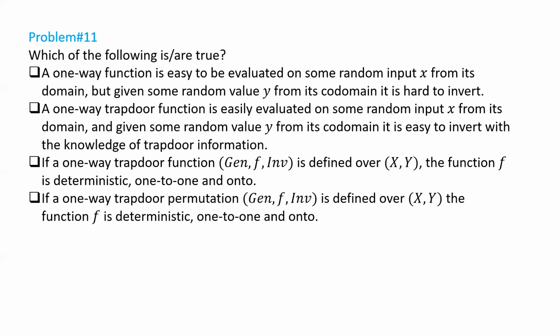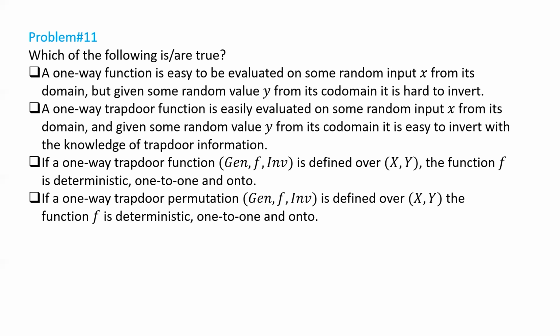So given some y in the codomain, it is hard to invert it to the corresponding x such that f of x equals y if you don't have the trapdoor information. But with the trapdoor information available, it is easy to invert. So a one-way trapdoor function just provides this trapdoor to invert easily, but without it, it is hard to invert. So the second option is also correct.